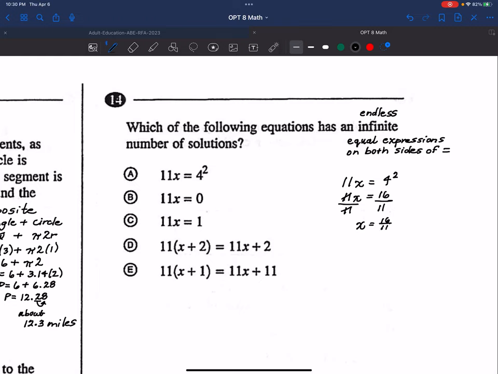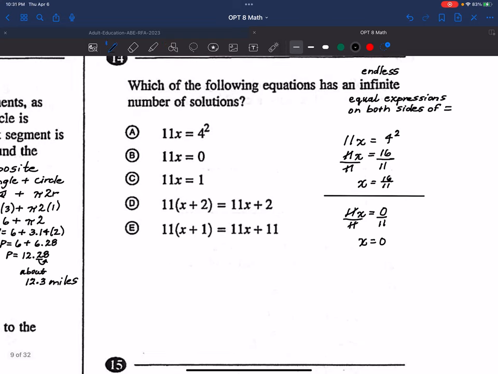That's the only solution in the world that fits here. If I did 11x equals 0 and I solve for x, I would be dividing both sides by 11. So x is 0. That's the only thing it could be. If it were anything other than 0, the equation would not be true.